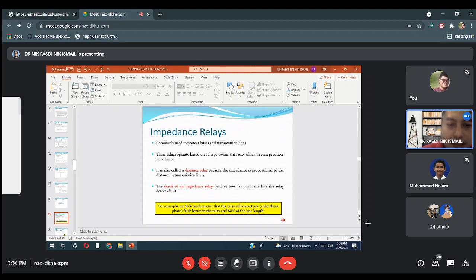The reach, ZR, Z reach. Berapa jauh the relay can detect the fault. For example, an 80% reach means that the relay will detect any solid three-phase fault between the relay and 80% of the line length. Maksudnya kalau from 100%, relay akan detect about 80%. Contoh macam itulah.